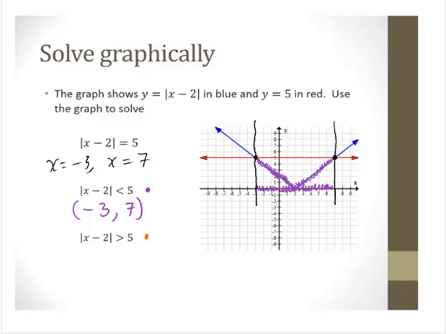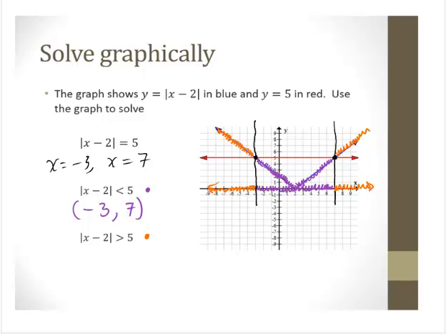I'll consider the last statement in orange. Where is the absolute value of x minus 2 greater than 5? All right, so finding the points on that blue curve that have outputs greater than 5, we'd have these points, and these points all have y values greater than 5. Smashing those points to the x-axis, I get this interval and this interval.